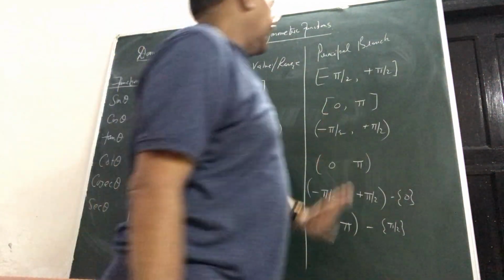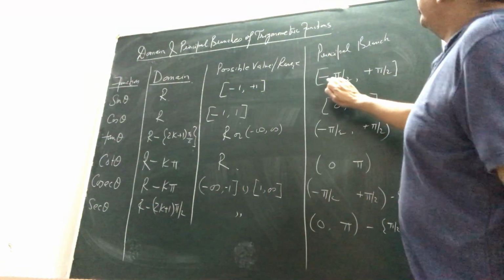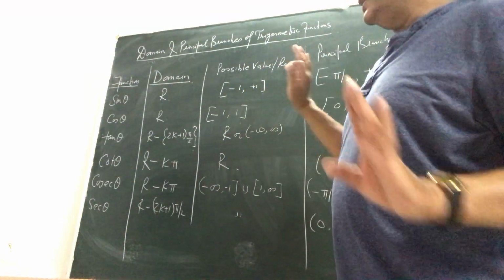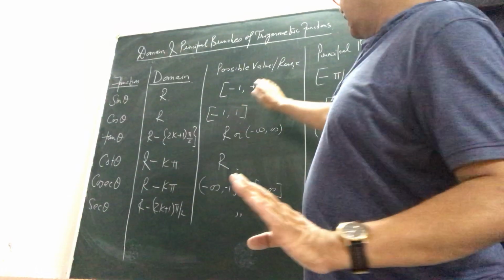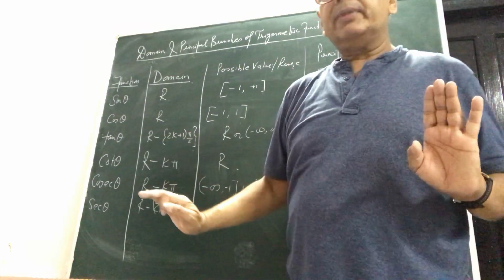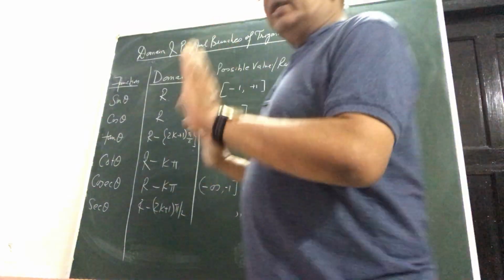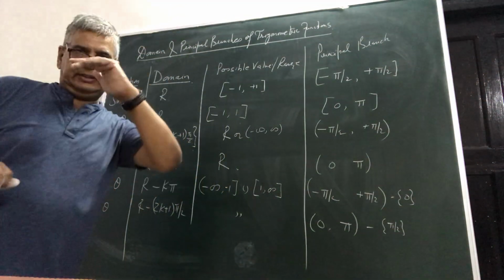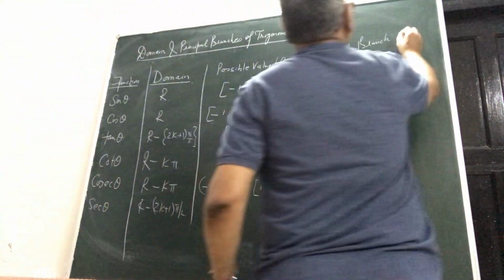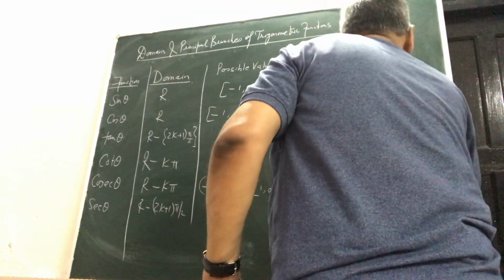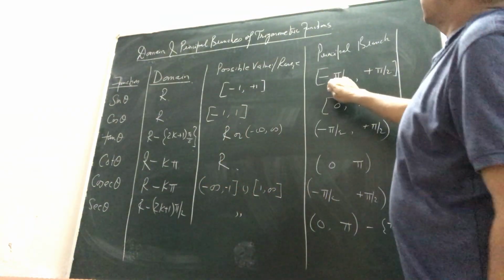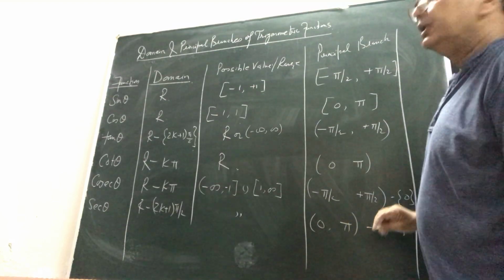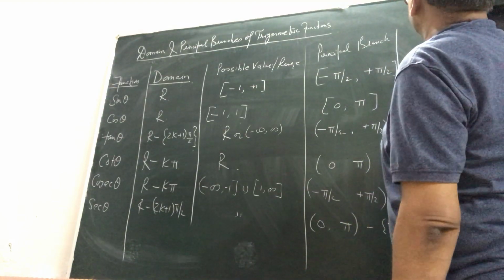what is more important is that you should know how the values are changing. See, this much is okay. But more important is how the nature of the curve is changing. Like here, minus pi by 2 to plus pi by 2, the values will go from where to where?